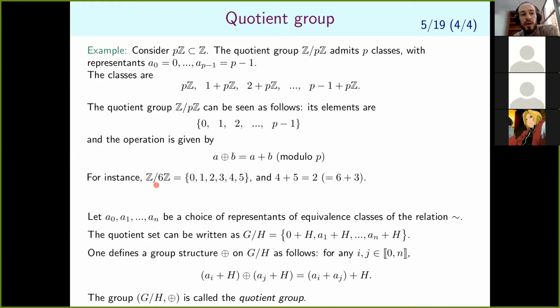So for instance, if I take p equals 6, Z over 6Z has 6 elements, 0 to 5. And to find the sum of two elements, you simply compute their sum modulo 6. 4 plus 5, this is 9, and 9 is 3 modulo 6.